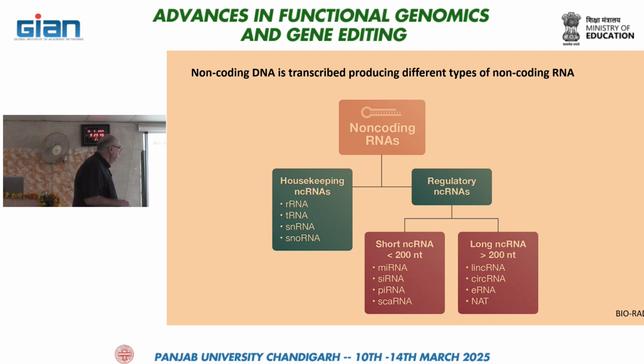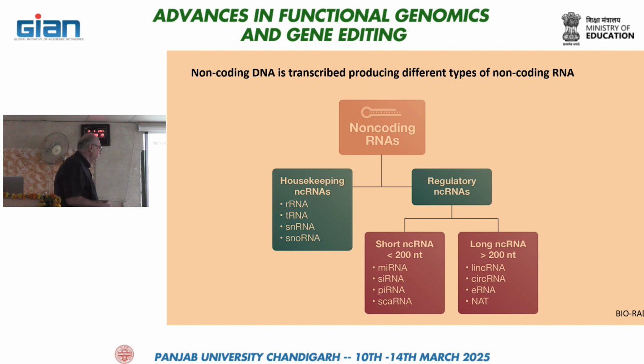In the group of regulatory non-coding RNAs, you can divide them, artificially actually, into short non-coding RNAs and long non-coding RNAs. The basis of this distribution between the two subgroups is size: smaller than 200 nucleotides means short non-coding RNAs, and bigger than 200 means long non-coding RNAs.